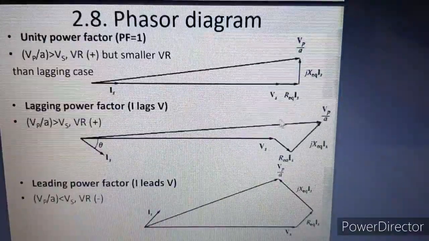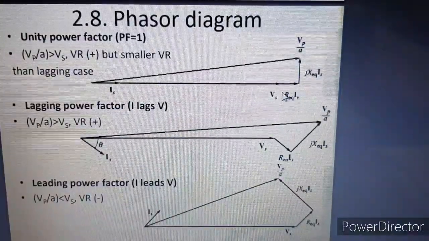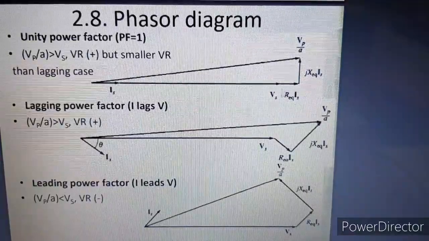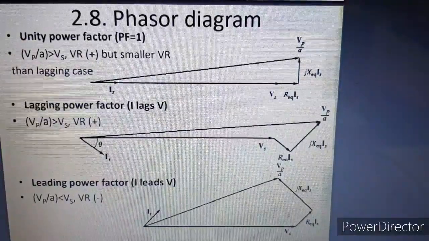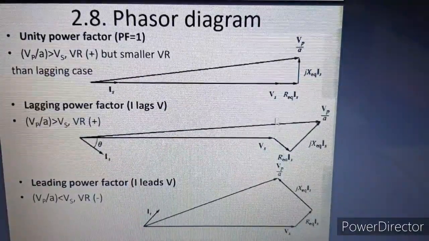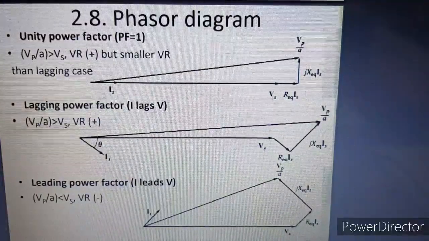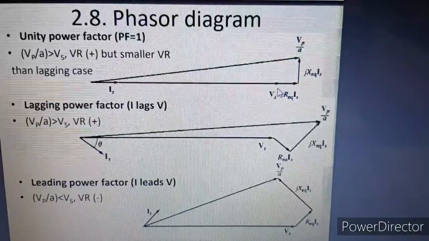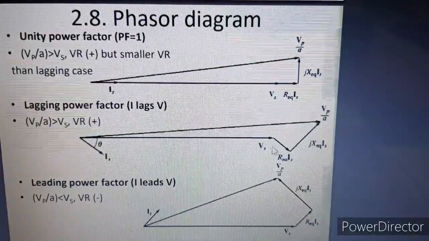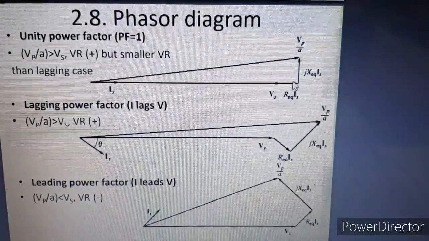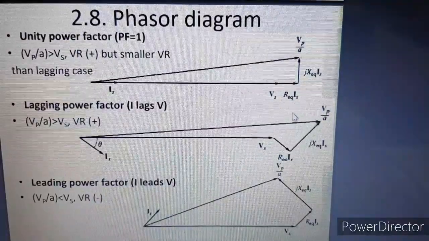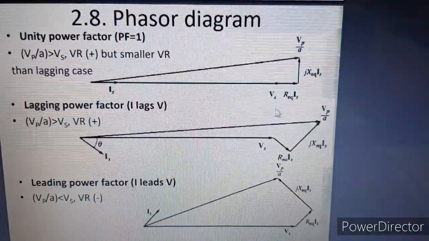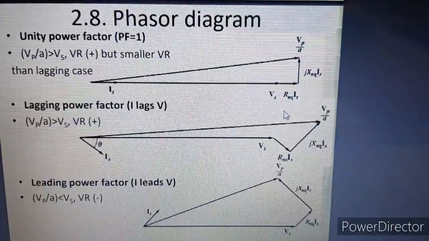But if you ask why it is sketched shorter compared to Vs: although it follows the angle of Is, in terms of the length of the phasor, it is shorter because the value of R equivalent is quite small.